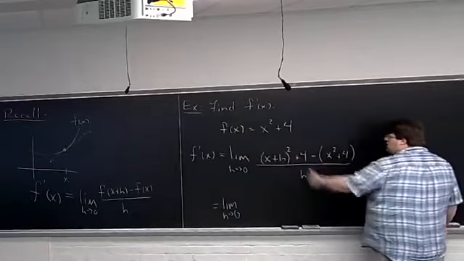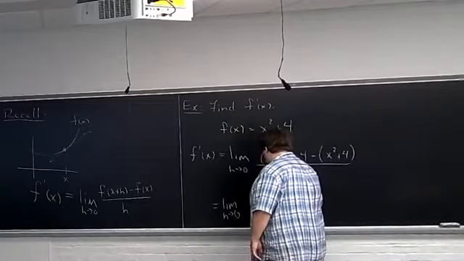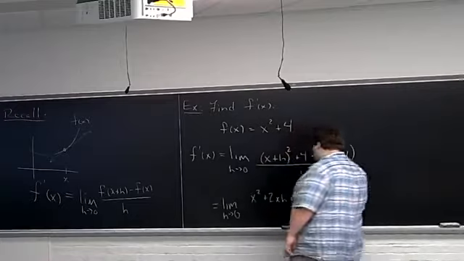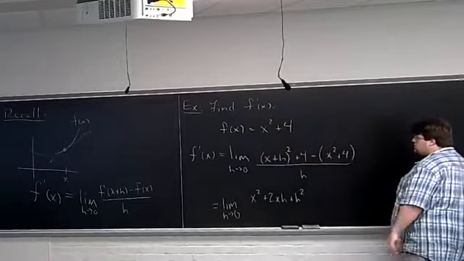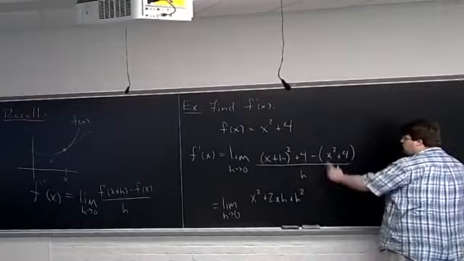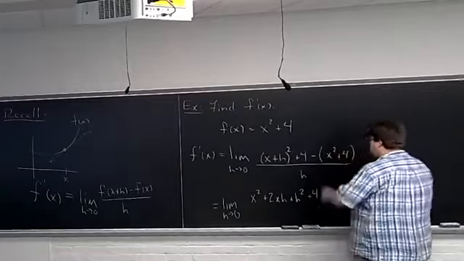Here we can square x plus h. X plus h squared is x squared plus 2xh plus h squared. And then we'll just write the rest of it as positive 4. I'll also distribute that negative. So plus 4, negative that.